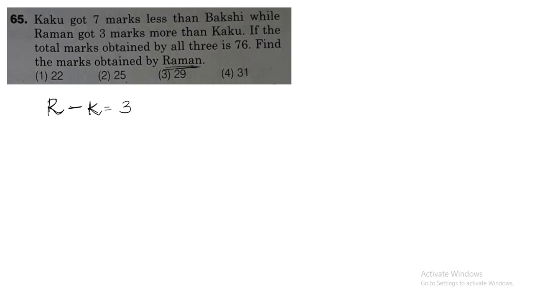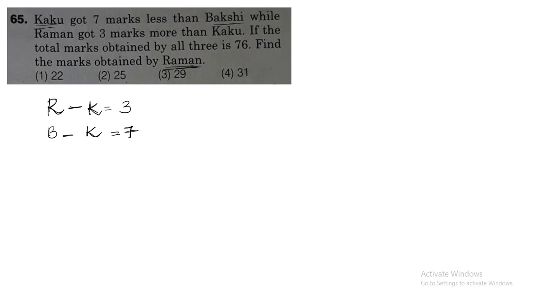Next, Kaku got 7 marks less than Bakshi. That means Bakshi's marks are more, since Kaku got 7 marks less, no? That means Bakshi minus Kaku is equal to 7. So you can write like this.